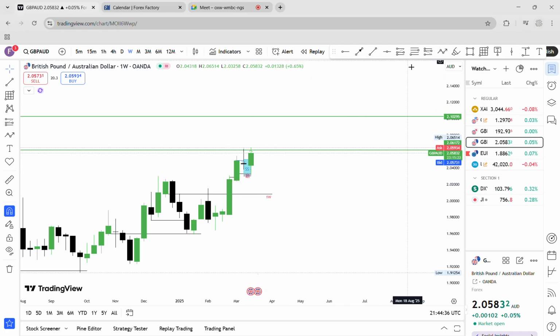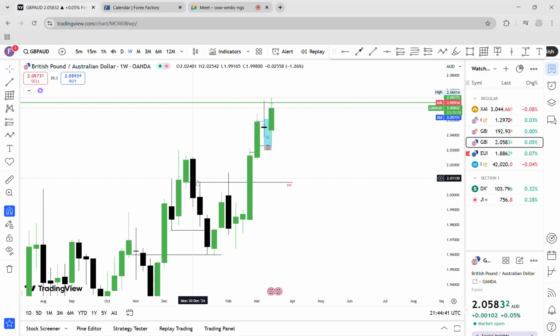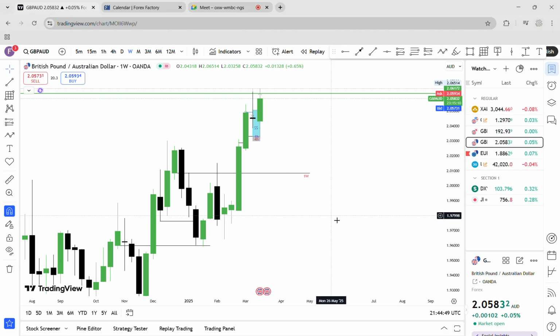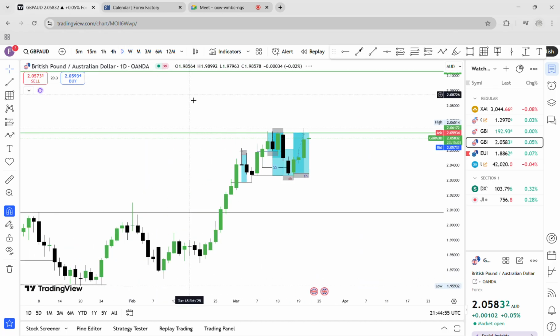So I would like to see a retest, maybe next week or somehow, I don't know when, but I would like to see a pullback into this level right here. This one that I marked out. I would like to see a pullback into that level. We don't know when it's going to happen.